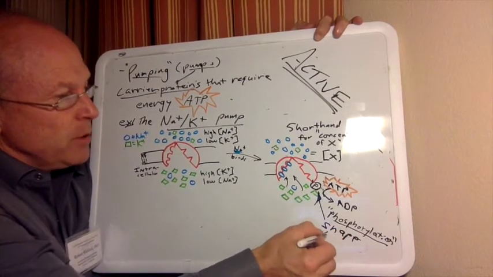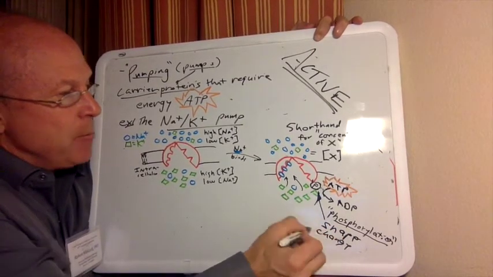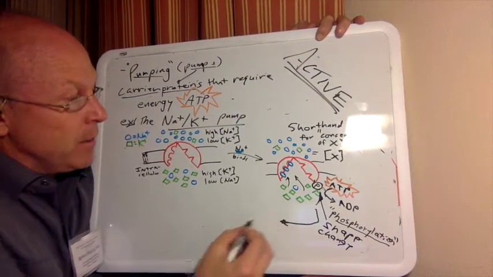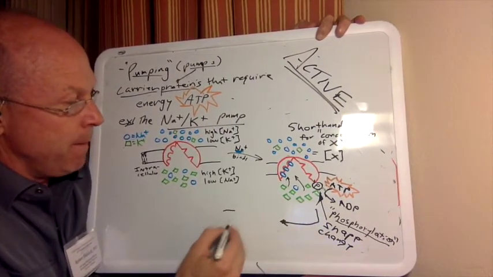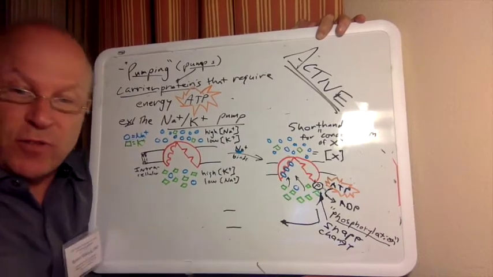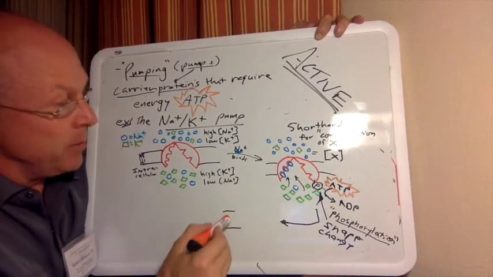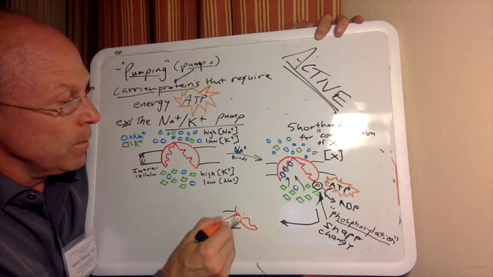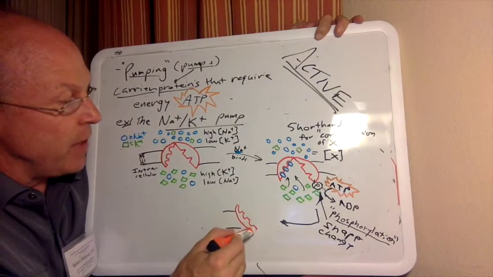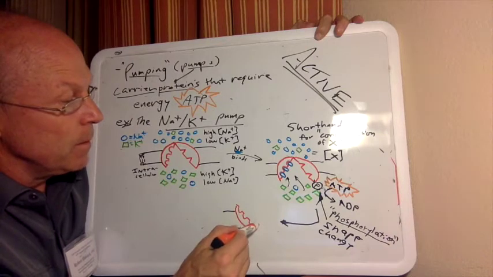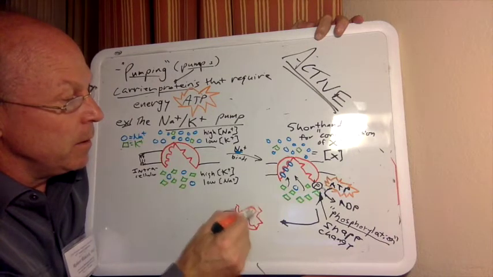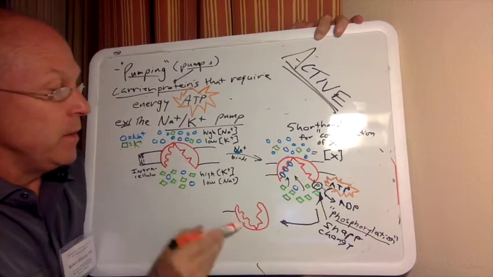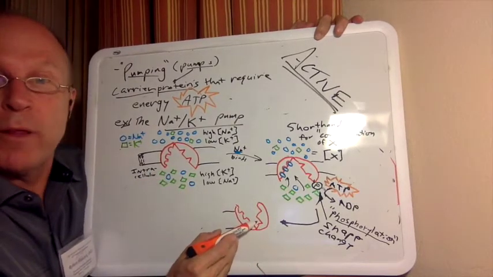So shape change happens from this particular point on, and that's what I'm going to draw now. Now the shape change for this guy is to open up the other way. So there's that side. There's this side. And notice that I've taken these guys like your book does and opened them up.